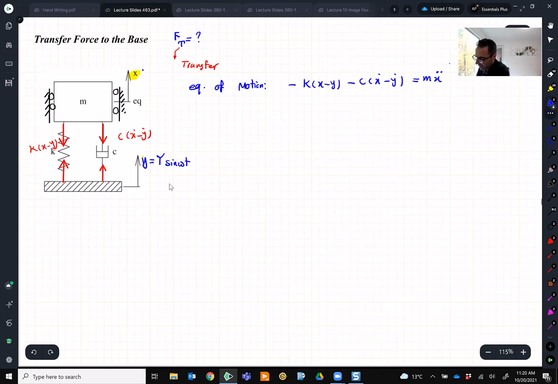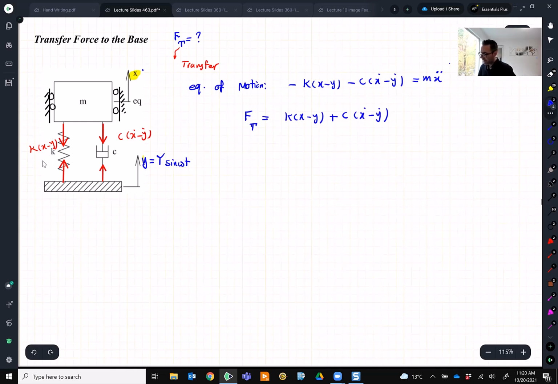So then I can claim the total force going to the base, Ft, is equal to k(x minus y) plus c(x dot minus y dot). Can I claim that? So this is my base.